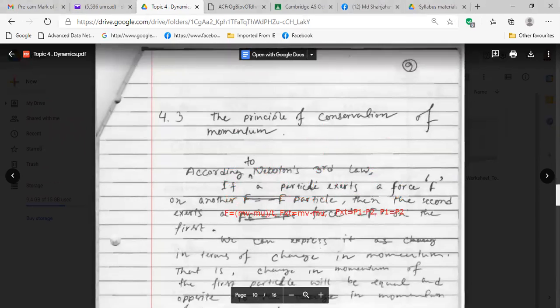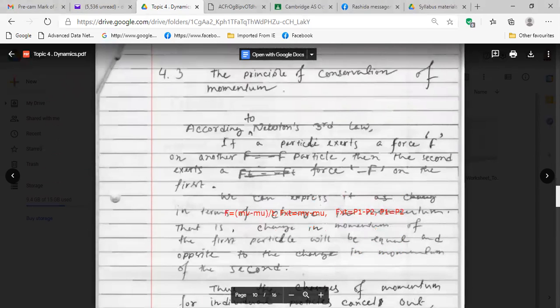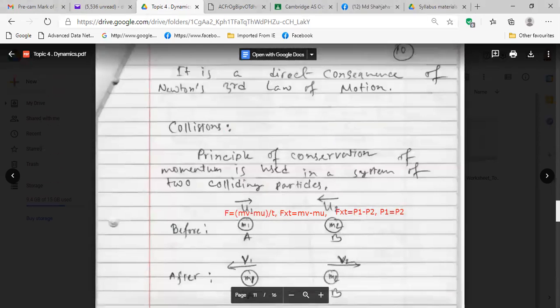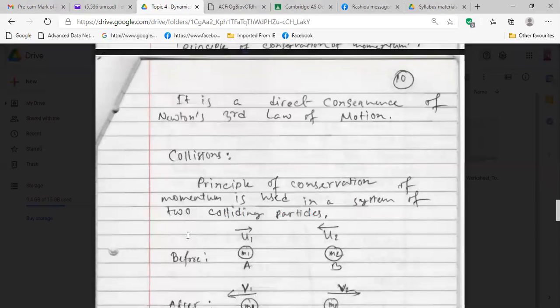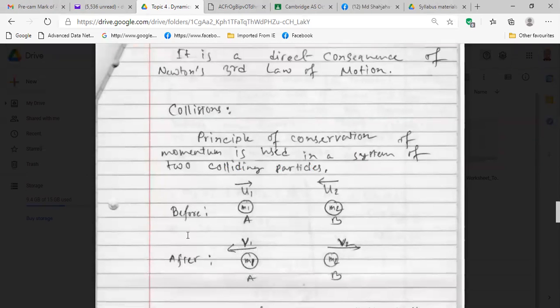So we already understood it is a direct consequence of Newton's third law of motion.